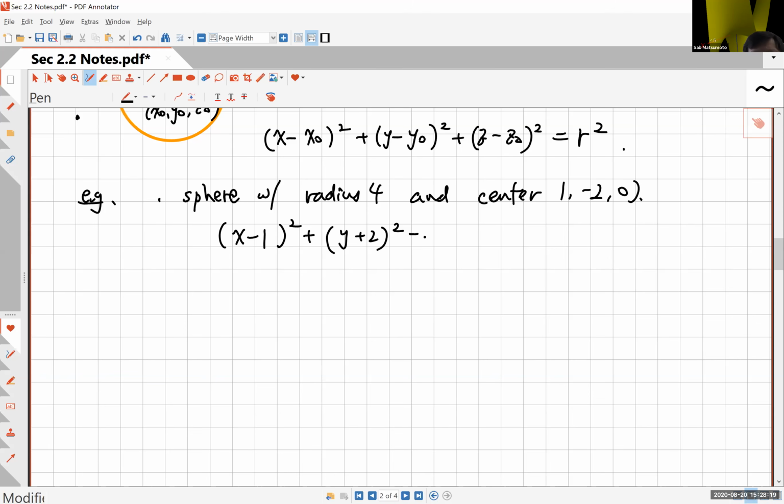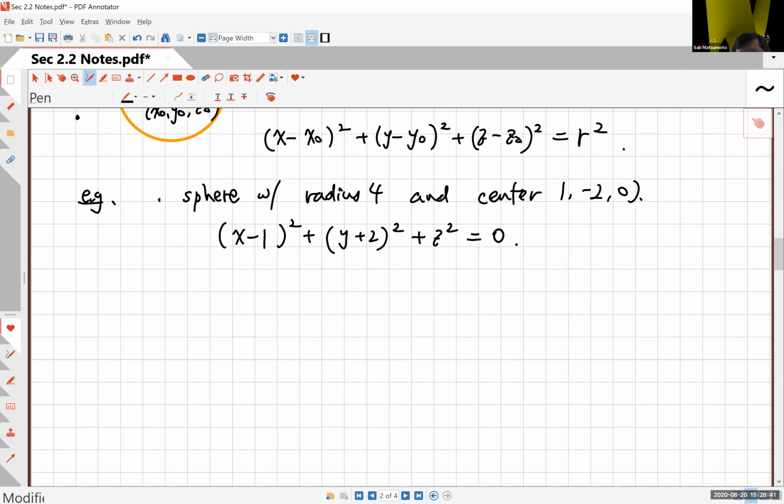All you have to do is just write z squared. And if you stop here, of course, that's not even an equation, so I can't give you full credit. When you're asked to write an equation, you really should have an equal sign.